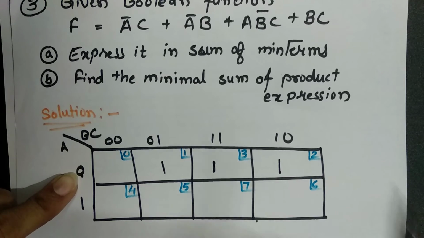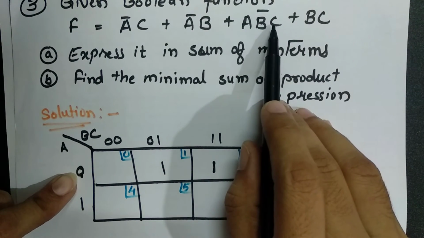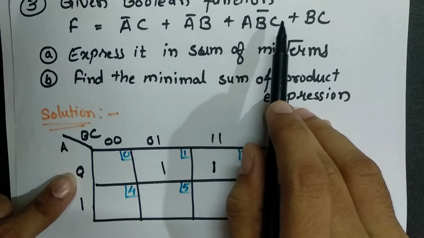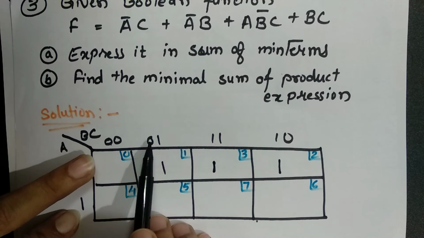Okay. Next term is A B bar C. So A, this is your A. B bar means your 0 and 0 term.